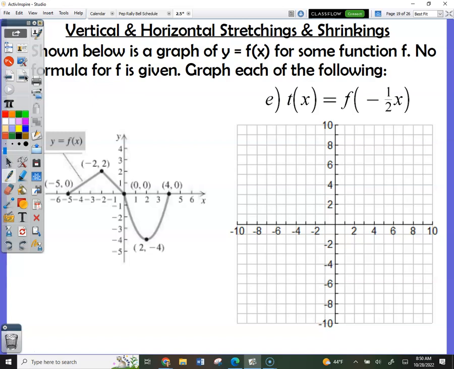So we have reflect over y-axis, and we have horizontal. I see a half, that makes me think shrink, so it's actually a stretch by a half.